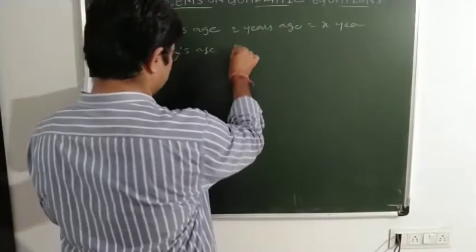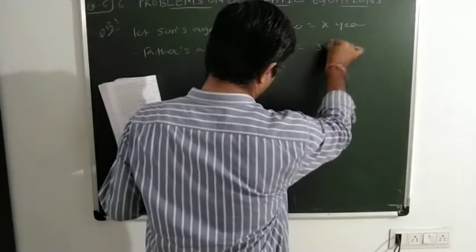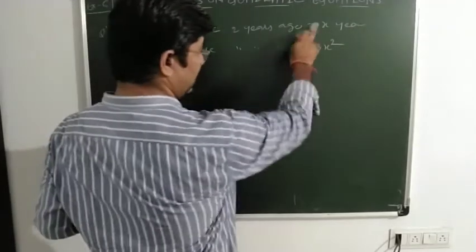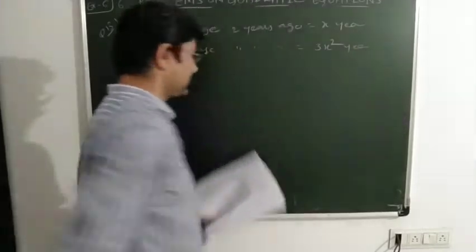Father's age 2 years ago will be 3 times the square of the son's age. So the son's age was x, so x square into 3. So this was the father's age.